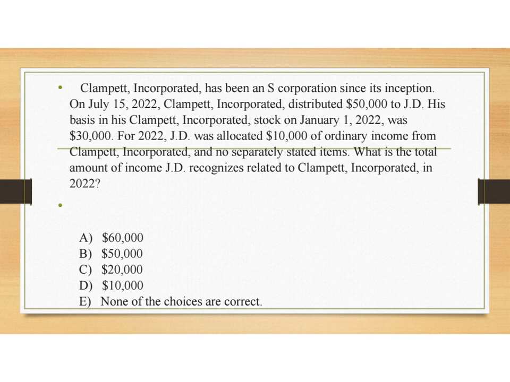All right, and for this problem, it really should have been up in the previous category, but that's okay. It's still a good problem. So we've got Clampett Incorporated again. They've been an S corporation since their inception.